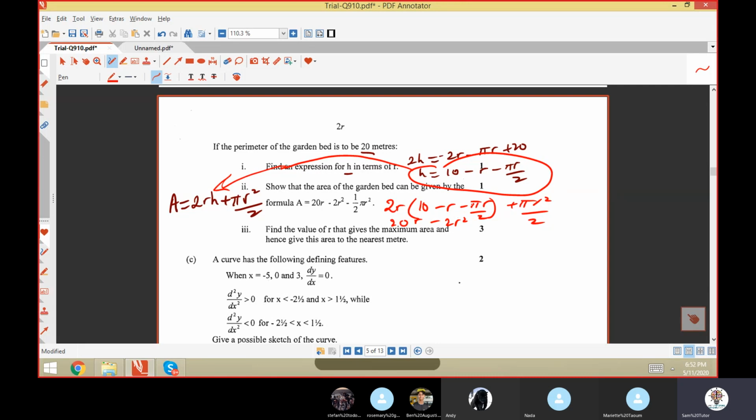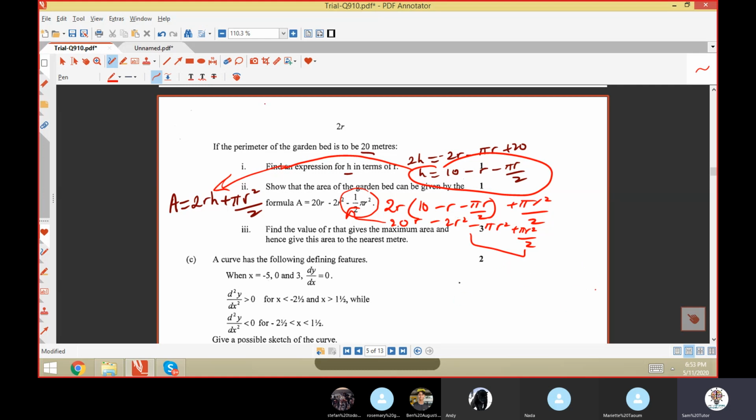Then when you expand this, 2 and 2 cancel. You're left with minus pi R squared over 2, and then you can see that's exactly the same as the top. 20R minus 2R squared, minus 1 plus a half is negative half R squared. Do you agree with that? Minus 1 plus a half is negative half. Yep, that's it.